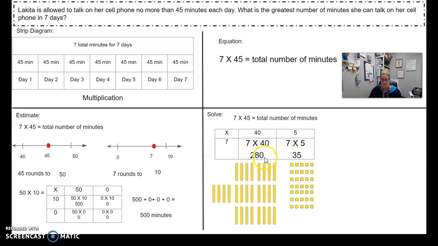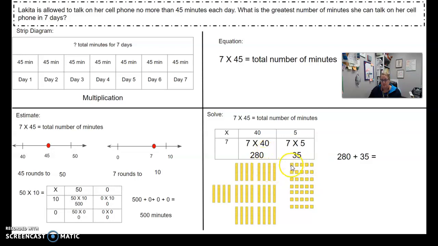So now I'm going to use my partial products, 280 and 35, and I'm going to add them together. So again, I can use my pictures to help me. So I could start at 280 because I just said that's how much this is. So 280, and I could count by 1s starting at 280, or I could count by 5 starting at 280, which is what I'm going to do.